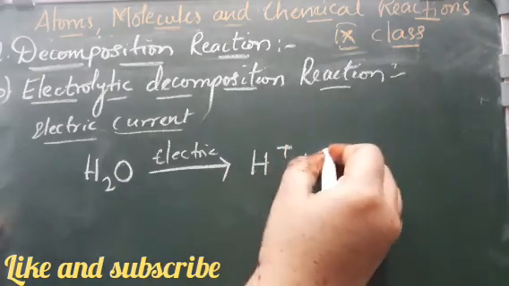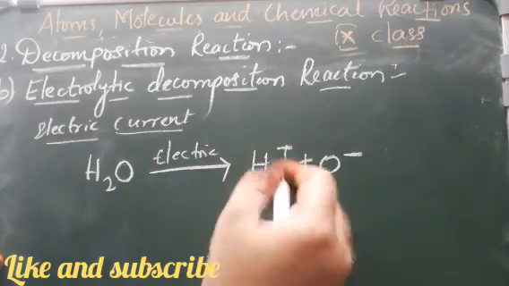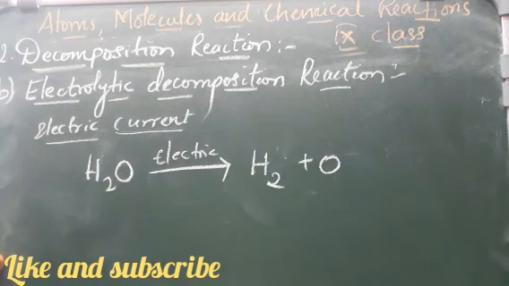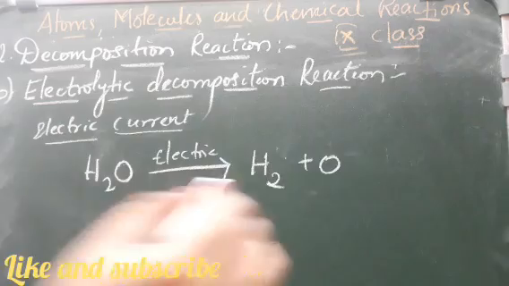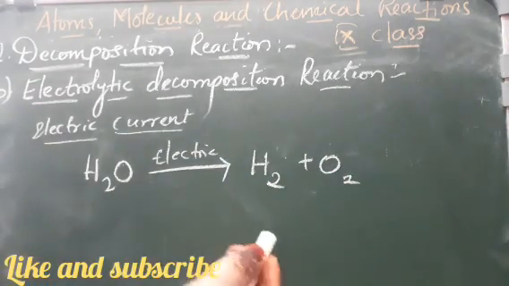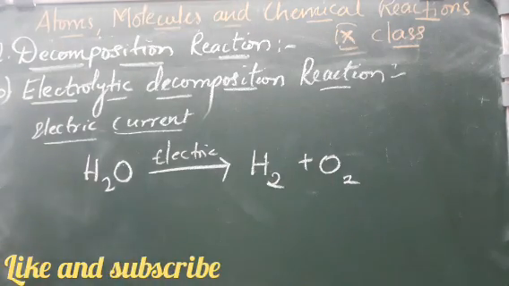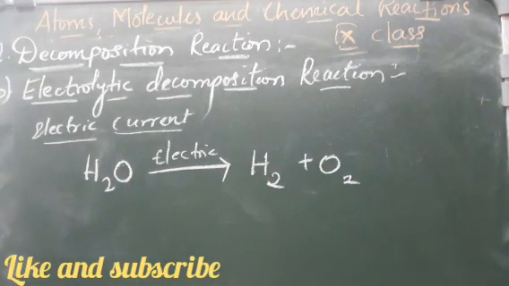H plus and OH minus ions are formed, or they can also get converted into H2 and O2. Either ion formation may take place or H2 plus O2 may form after the current is passed through. This is not balanced, but this is just an example.